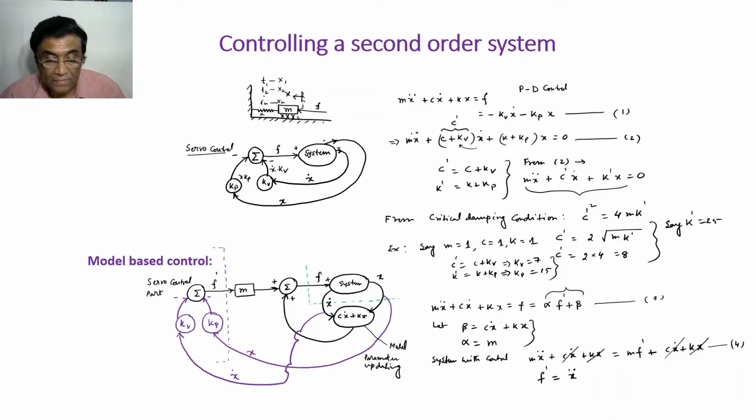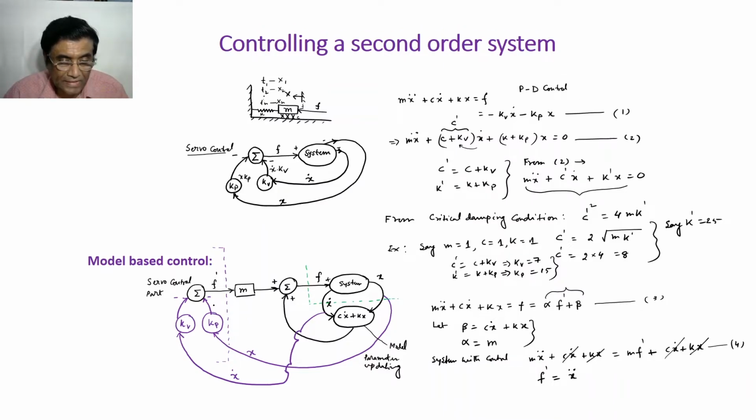Once x is there and x dot is there, I can compute, since c and k are known. And once I compute, I am putting that computed value to this junction block. Another part is the servo part, so everything was servo control here. So this part only is servo control. So I am taking that same x dot, and now these are my two gain parameters.